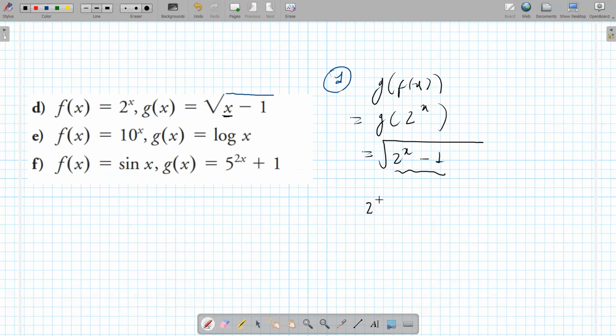So look at this. 2 power x minus 1 must be greater than or equal to 0. So 2 power x must be greater than or equal to 1. What value of x would make this true? 0, exactly. So x has to be greater than or equal to 0.